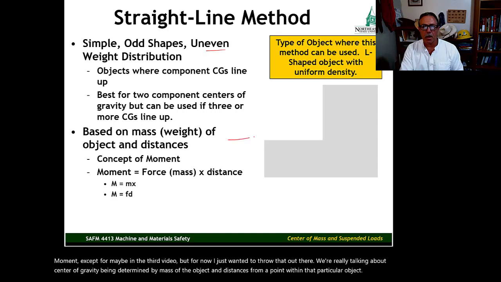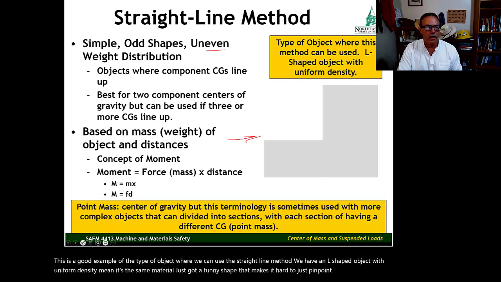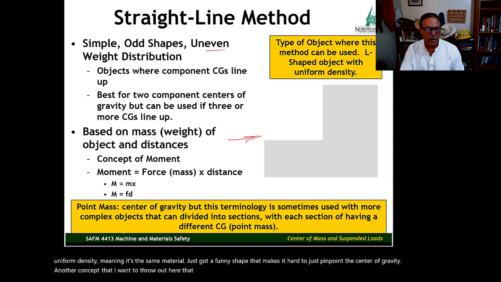This is a good example of the type of object where we can use the straight line method. We have an L-shaped object with uniform density, meaning it's the same material, just got a funny shape that makes it hard to pinpoint the center of gravity. Another concept that I'll use periodically in this video and the third video is point mass. For our purposes, we can think of that as another term for center of gravity.